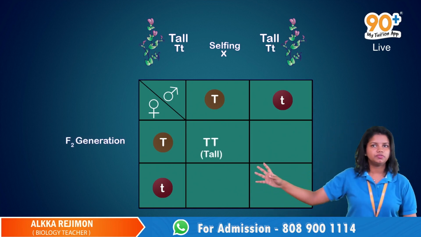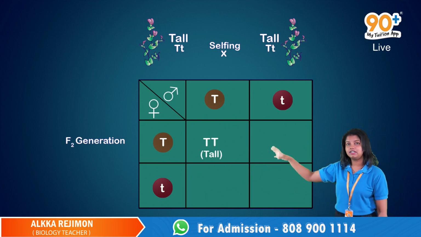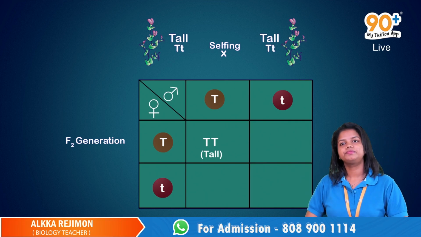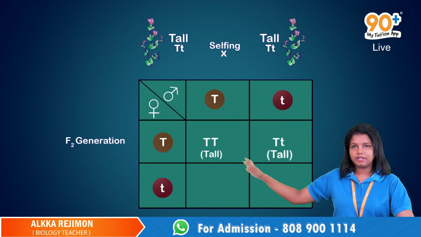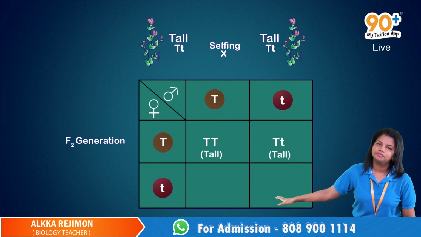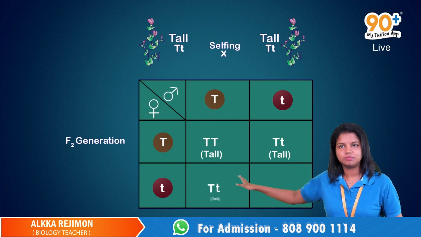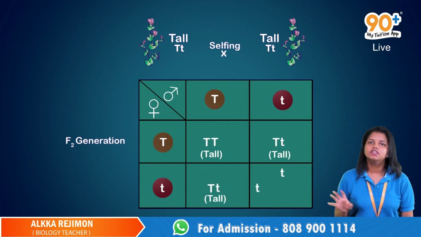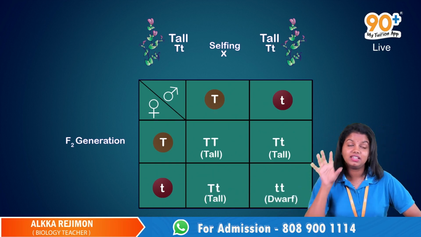Okay. So the first child is going to be capital T, that is tall. And then capital T small t, another tall offspring. Then capital T small t, another tall. And finally small t, another dwarf.